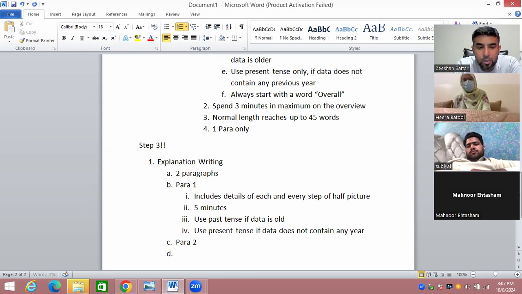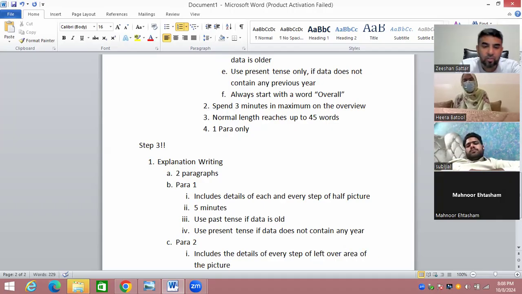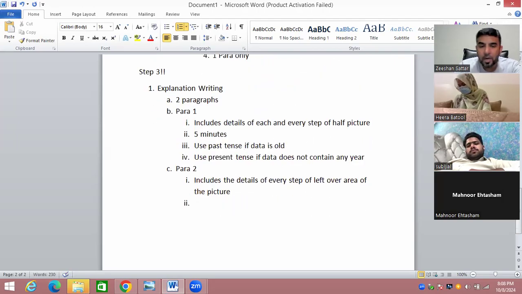So now paragraph number 2. This paragraph includes the details of every step of the leftover area of the picture. Number 2, again, we spend 5 minutes on this.